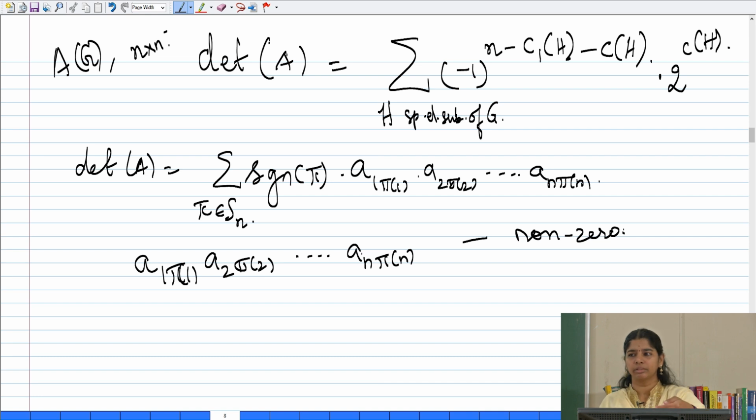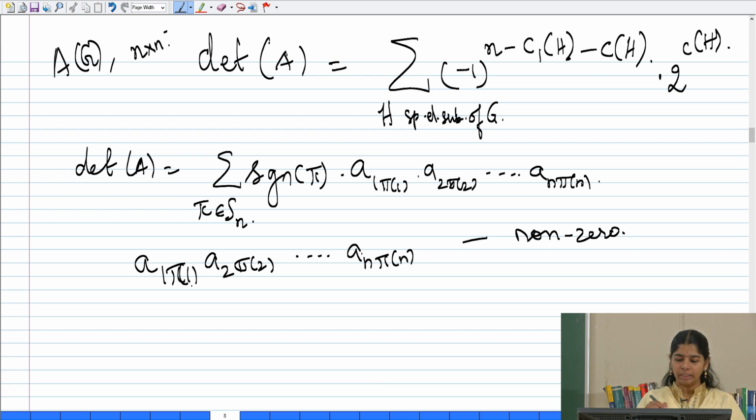If my matrix has determinant non-zero, that means there is at least one term which should give that non-zero value. Not all terms could become 0 simultaneously. So, what does this mean? This is nothing but a product of n elements of the matrix, and this is non-zero means what? In an adjacency matrix, everything is 0 or 1. So, a_1 pi(1) should be 1. All these terms should be just 1, only then you will get a non-zero term.